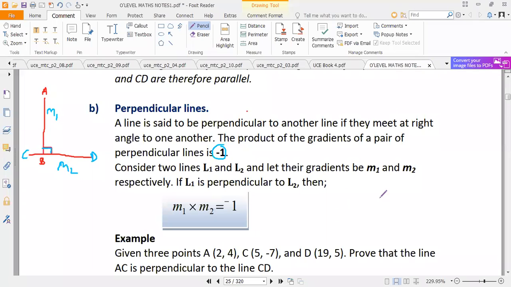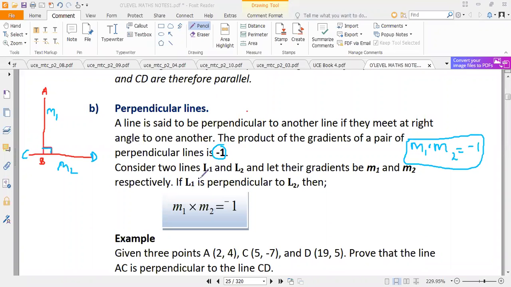So two lines are perpendicular if the product of their gradients, that is M1 multiplied by M2, is equivalent to -1. Then we conclude that those two lines are perpendicular.